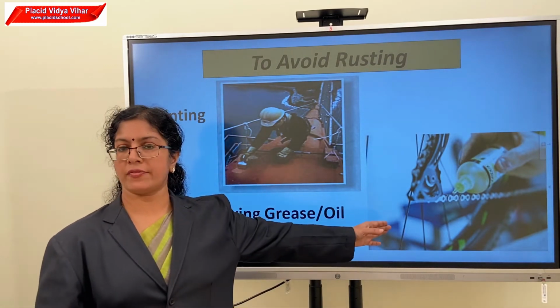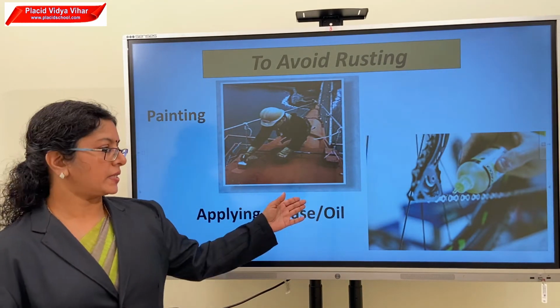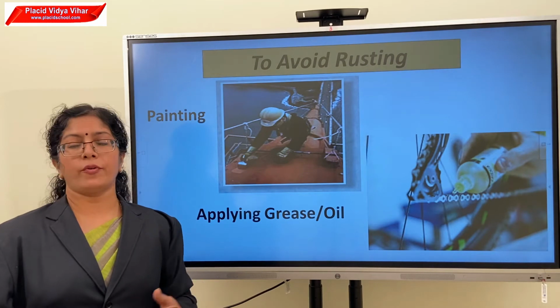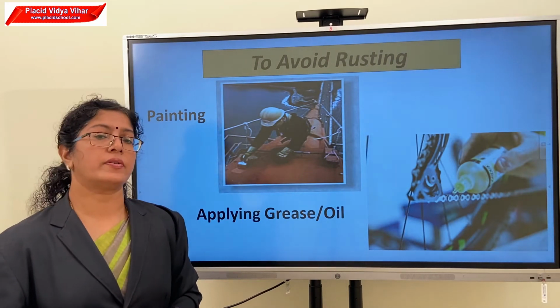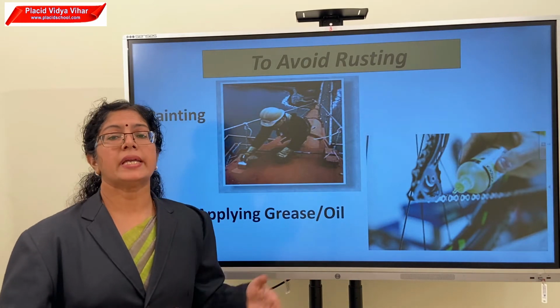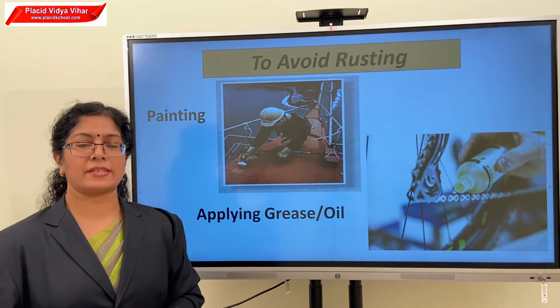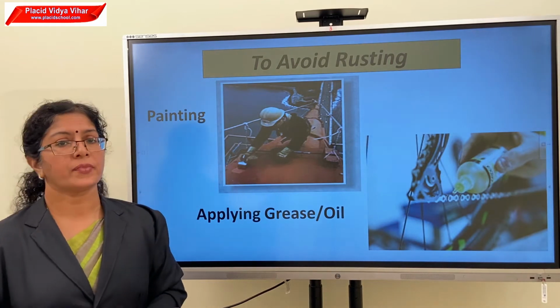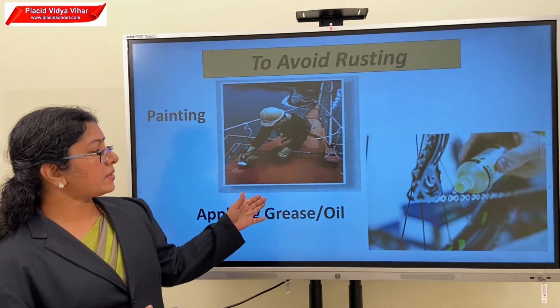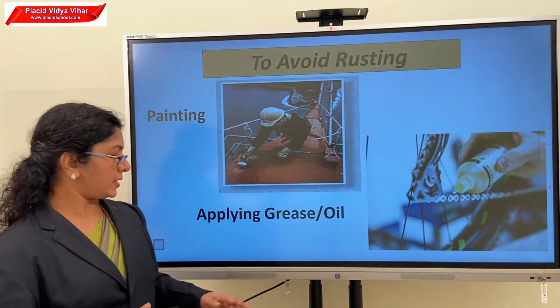And this also is familiar to you, greasing or oiling. On a cycle chain, or to avoid friction, we oil or grease the pulleys, other machinery or hinges, but it is reducing the rusting process too. And this must be done frequently to avoid rusting.